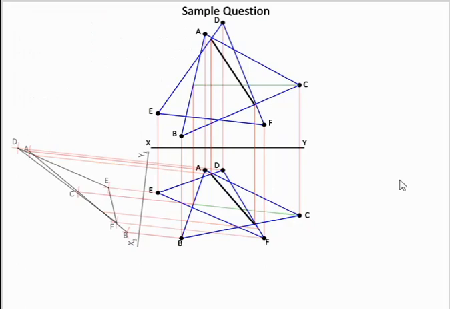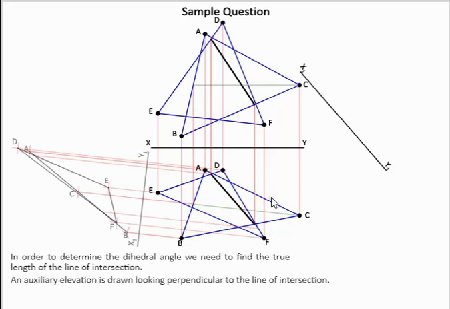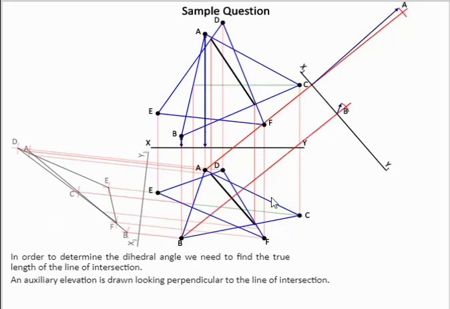Now once we have the line of intersection found, we now can find the dihedral angle. So to find the dihedral angle, always look at 90 degrees to the line of intersection to see it as a true length. So this line of intersection in plan, if we look 90 degrees to it, set up an x1, y1 line 90 degrees to it and then mark off our points.